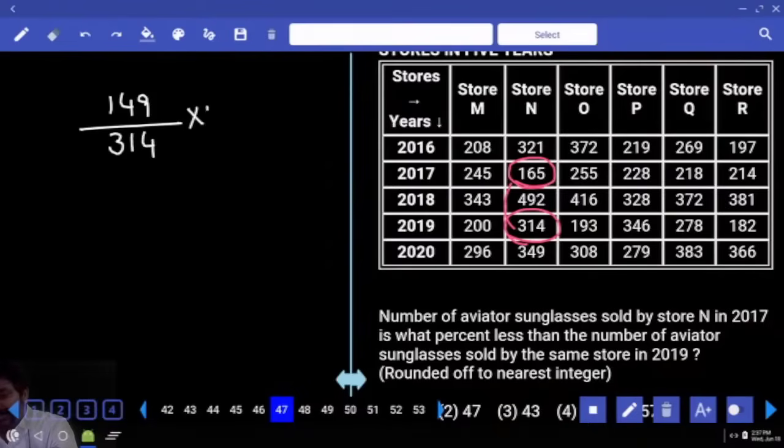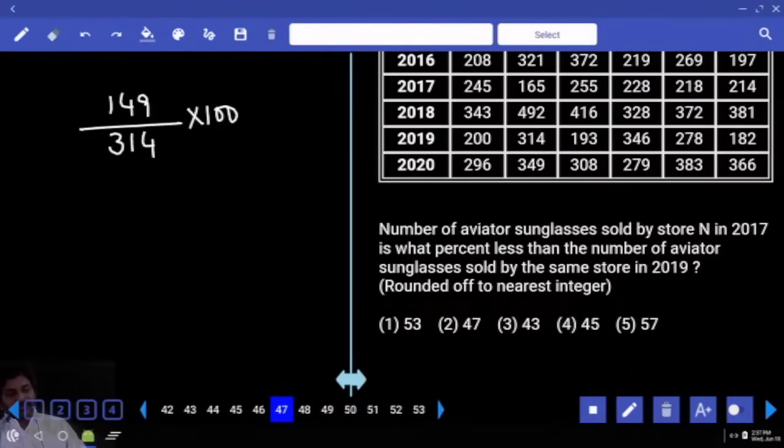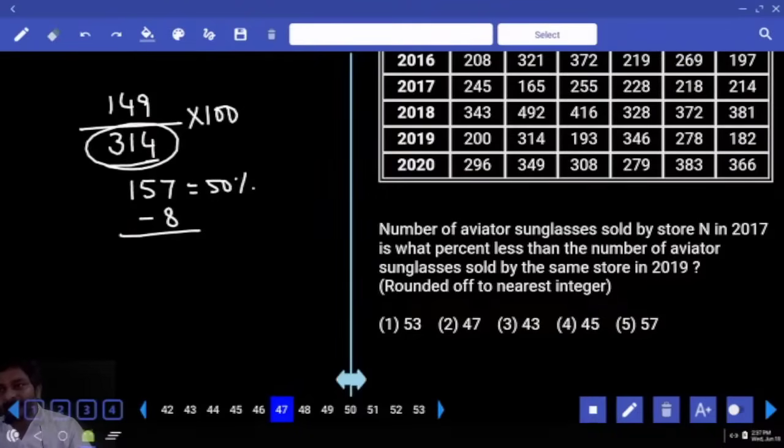314. Percentage into 100. Go to options. Nearby 50. Let me calculate 50% directly. What is 50%? 157. This is 50%. To make it 149, how much you need to subtract? 8. Correct? What is 1% of the denominator?